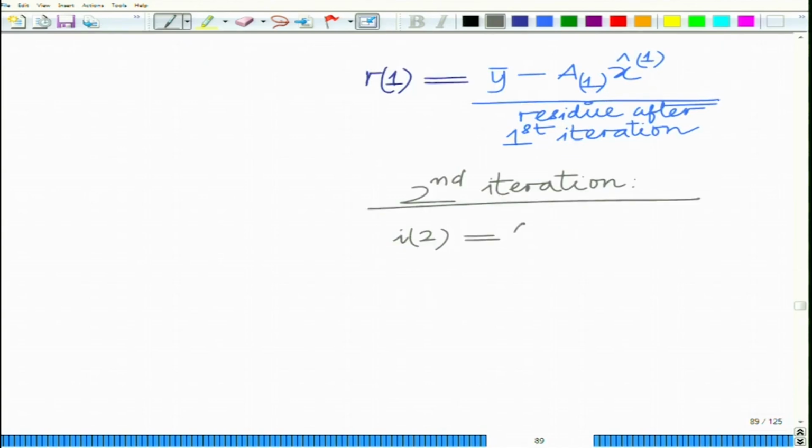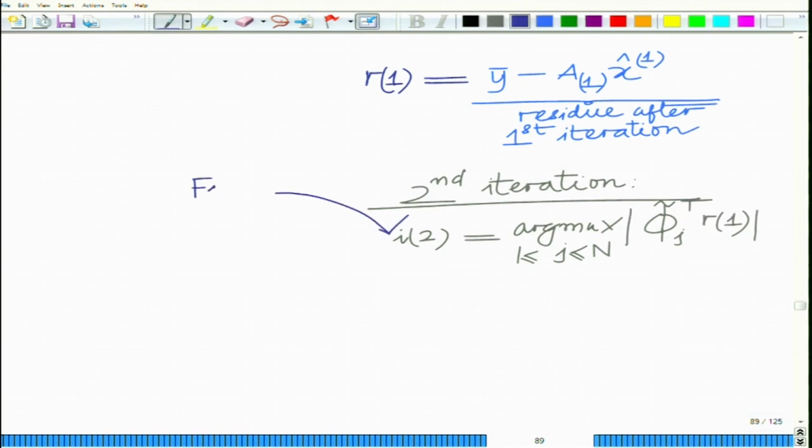So we find the column which has the maximum projection on the residue after the first iteration.